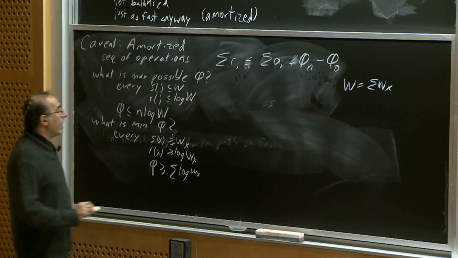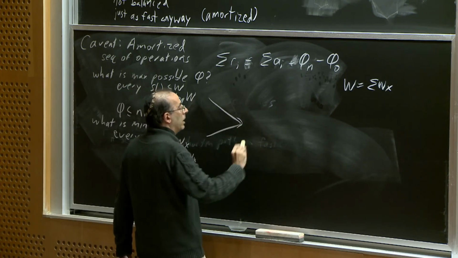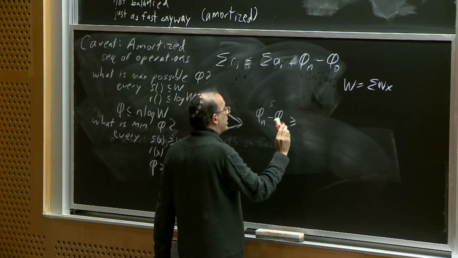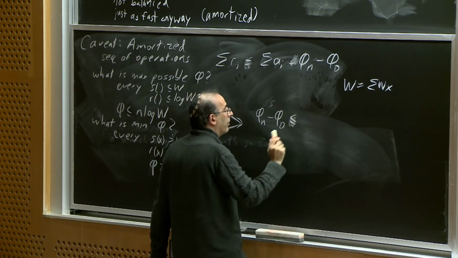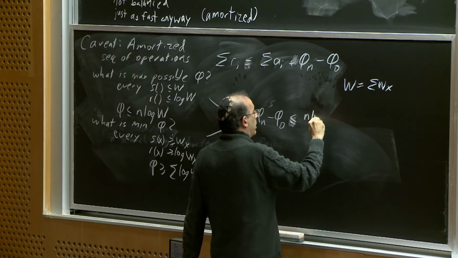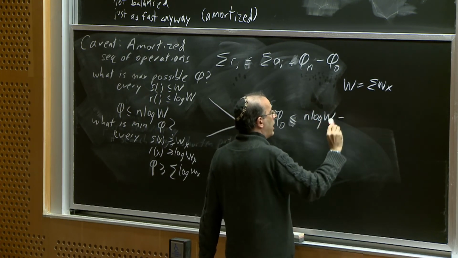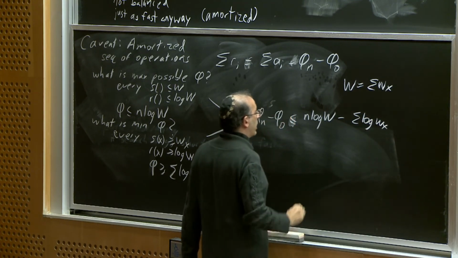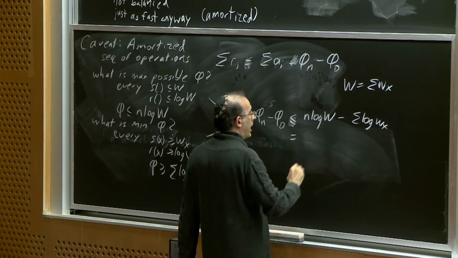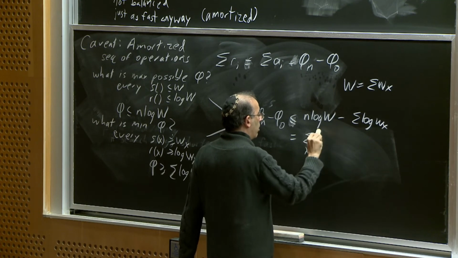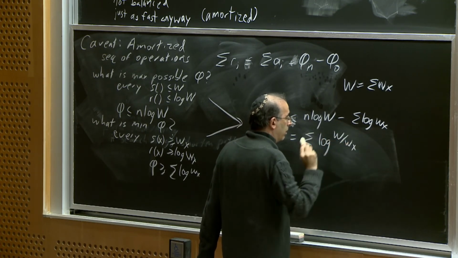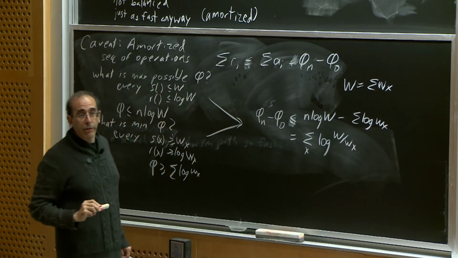If I put these things together, it tells me that phi n minus phi 0 is at most n log w minus the sum of the log of the wx's, which can also be written as the sum over all of the x's of log of w over wx.